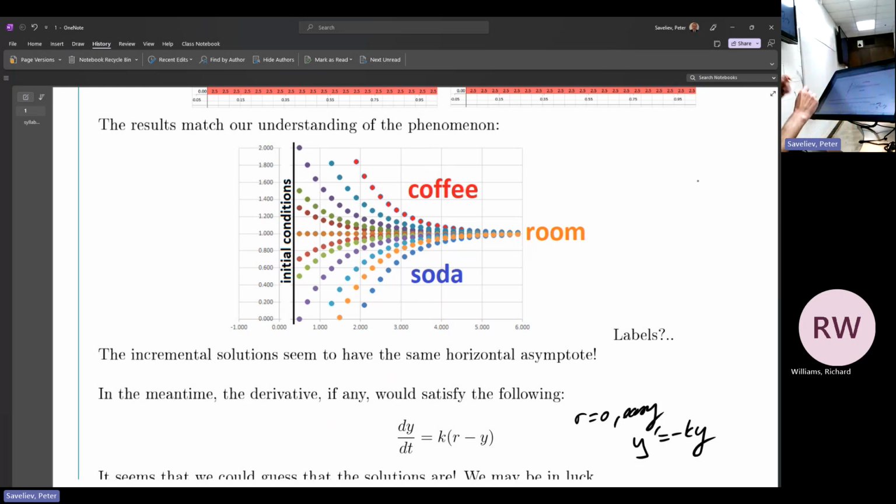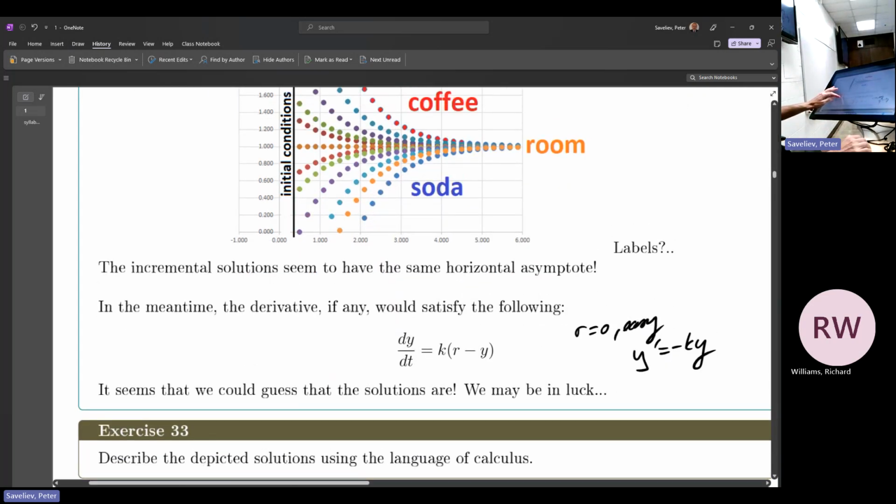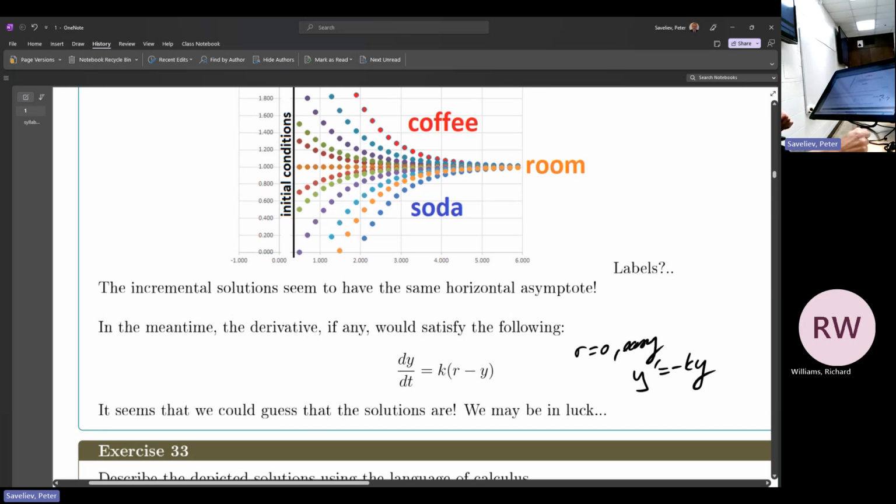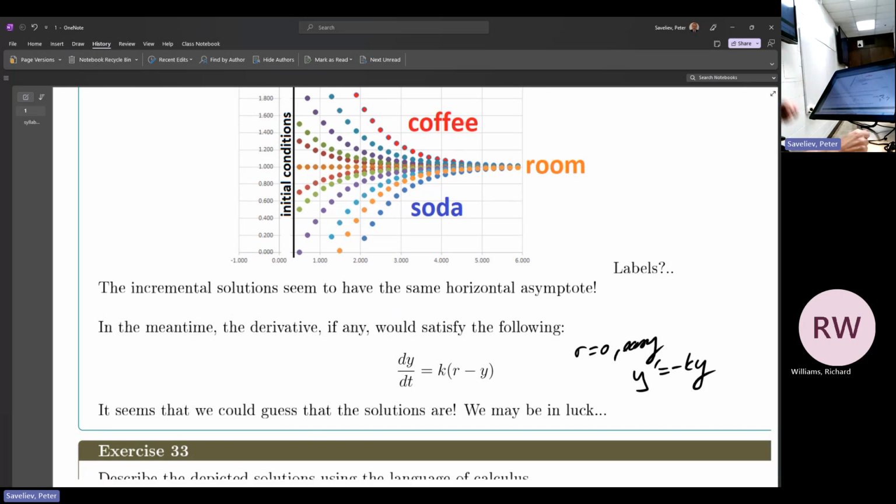You can just as well declare this room temperature to be 0, and then you have the same model. So this can be solvable, but it takes a little more work to produce the same result when r is not 0, so we're going to do this later. For now, we'll be satisfied that it doesn't look that bad, not like the last one, which had 2 terms and was much more of a challenge.